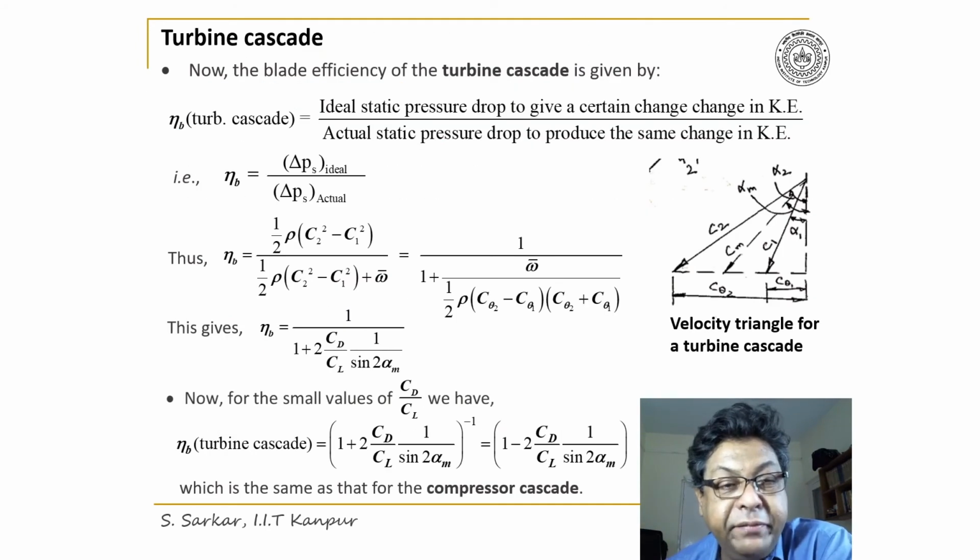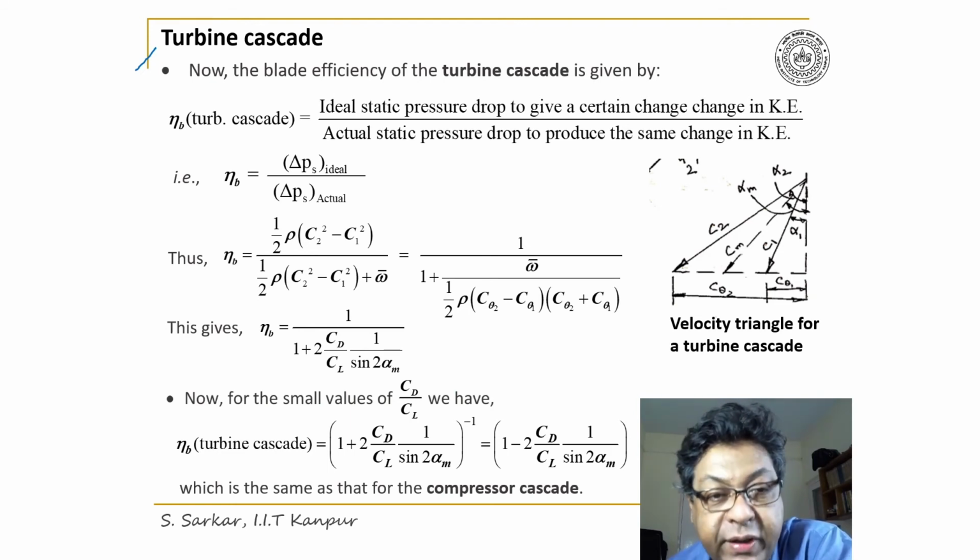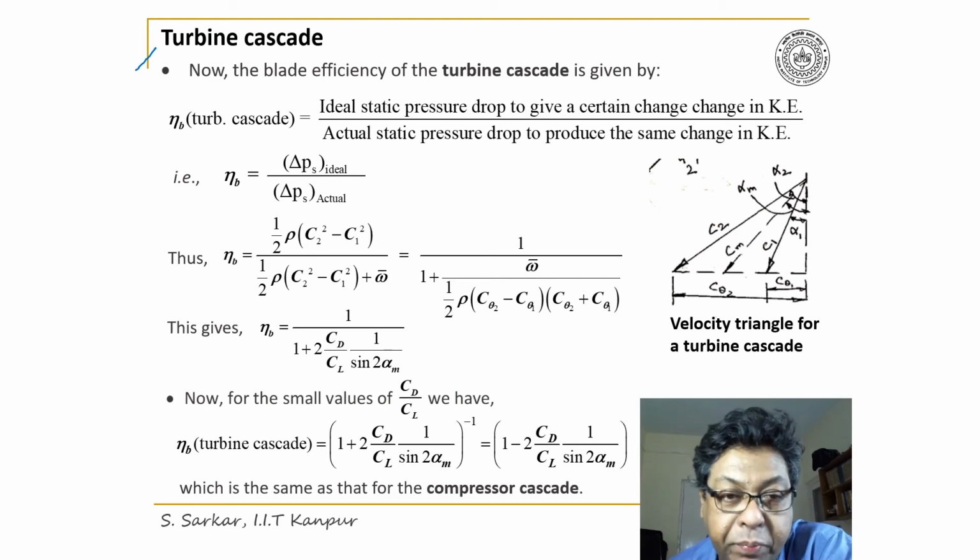Now I derive the expression for blade efficiency of a turbine cascade. Please remember that for a turbine cascade, drag is a useful component. Thus, in a turbine cascade, actual static pressure drop will be higher than the ideal static pressure drop.